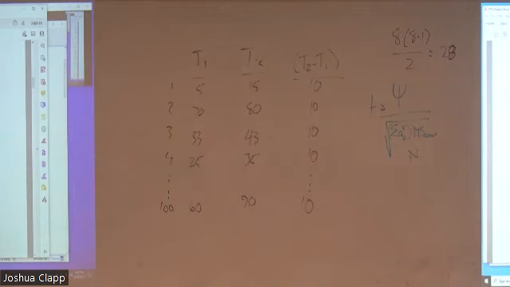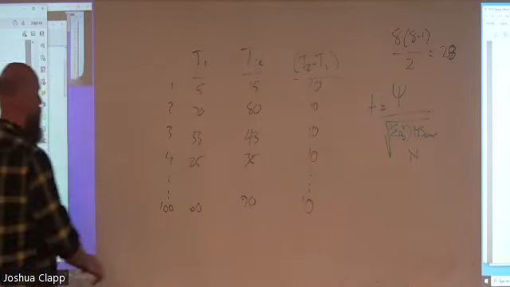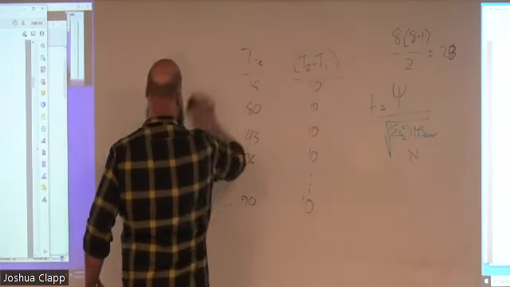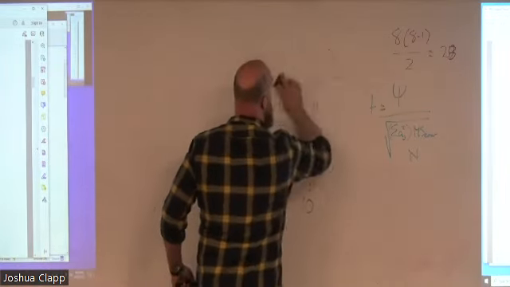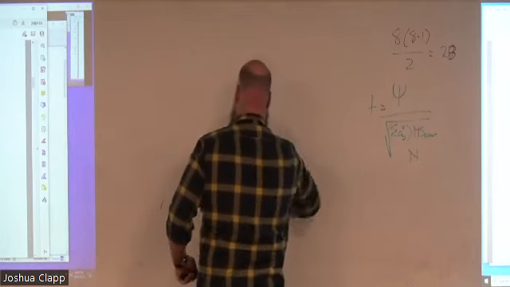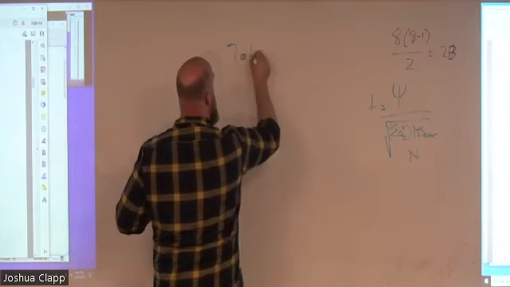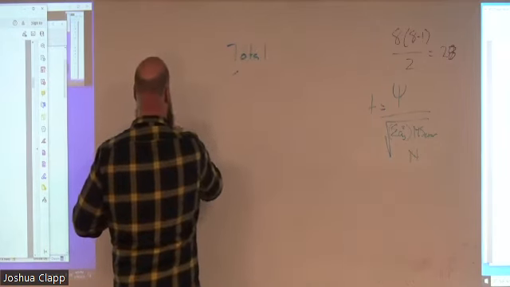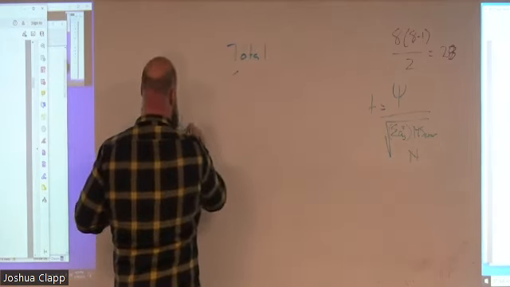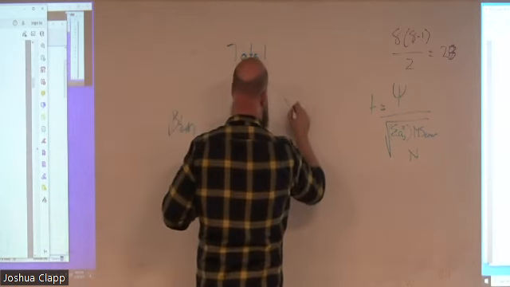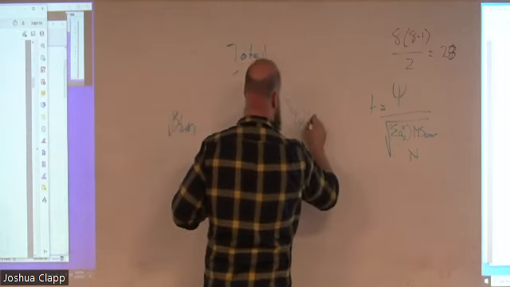Again, if we're thinking about how we've pulled apart our variance components, remember we got our total, and then we got between over here, and I've got within.